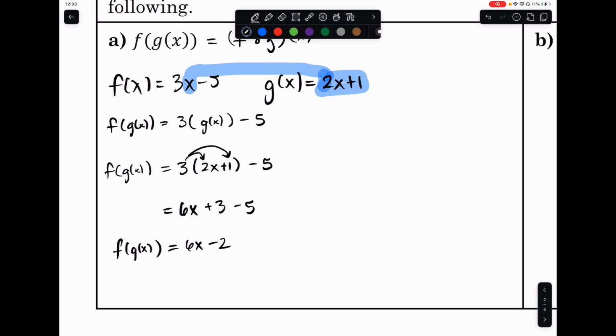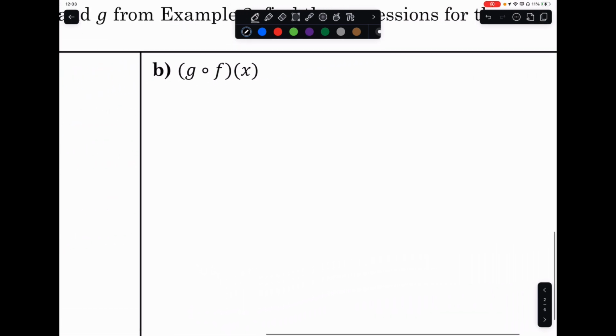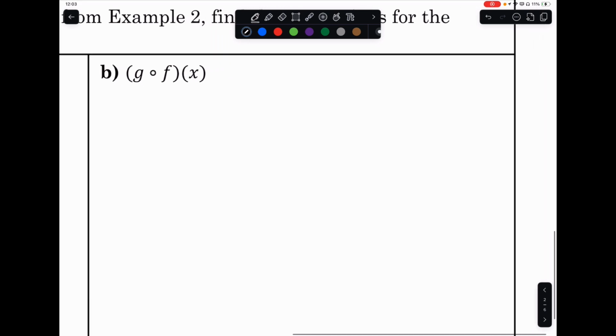Now, if I'm doing this composition in the opposite order, again, order matters. This notation, g of f of x, means that we're doing this composition, so the f is now on the inside. Since f is on the inside, it's going to be plugged into the outside function.